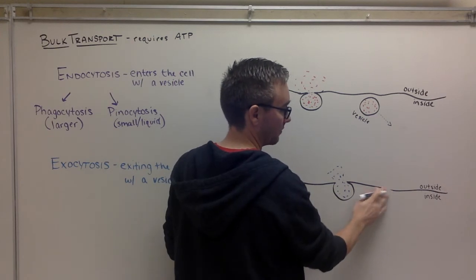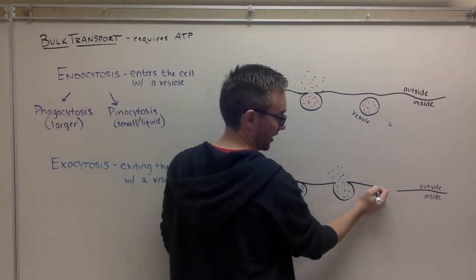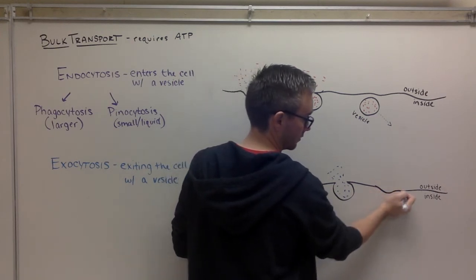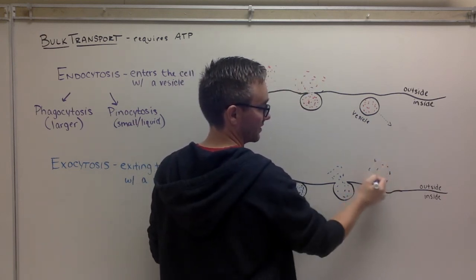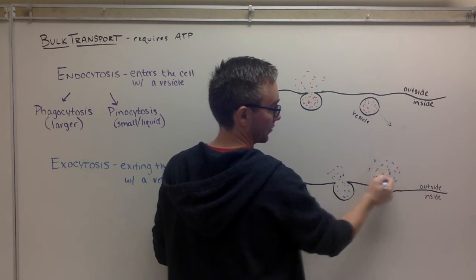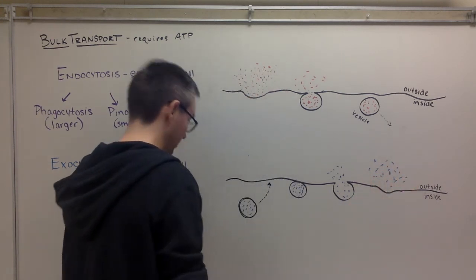Then the cell membrane absorbs that vesicle. Now that insulin is outside the cell. It's gone through exocytosis, a bulk transport.